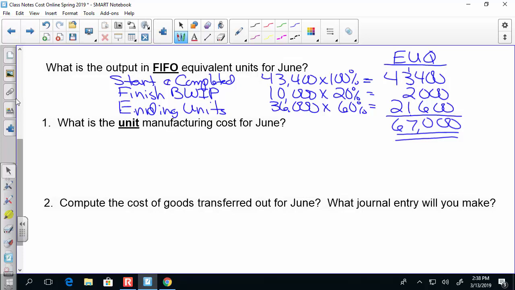So to come up with the unit manufacturing costs now, since we have to keep our old cost and new cost separate, we only look at the current cost, which in this case is 124,000. So under FIFO, current cost only.